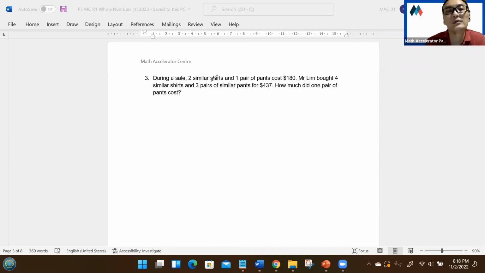One of the items is shirts, the other is pants. And here we have our first equation: 2 shirts and 1 pair of pants cost $180. Here's the next equation that states that 4 shirts and 3 pairs of pants cost $437. So here is the second one.